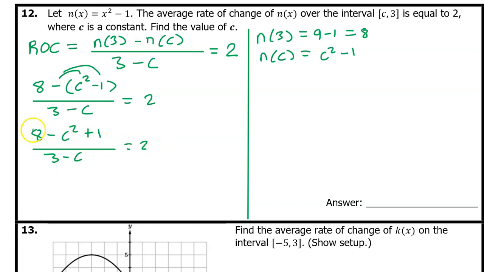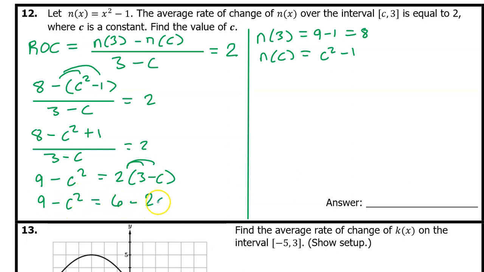Also, let's do the 8 plus 1 and we get 9. So on the left side we have 9 minus c squared is equal to 2 times 3 minus c. Distributing the 2 gives us 9 minus c squared is equal to 6 minus 2c.